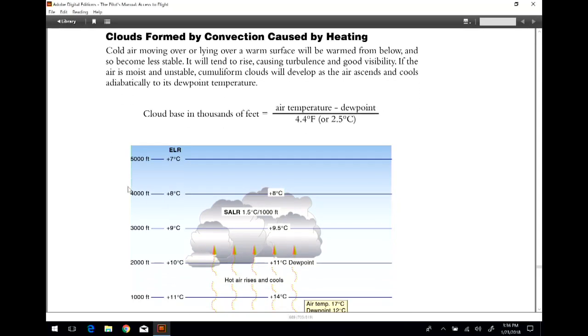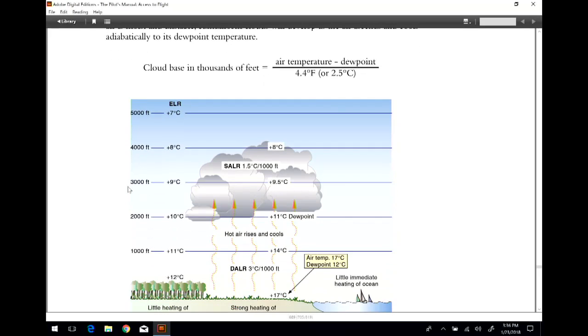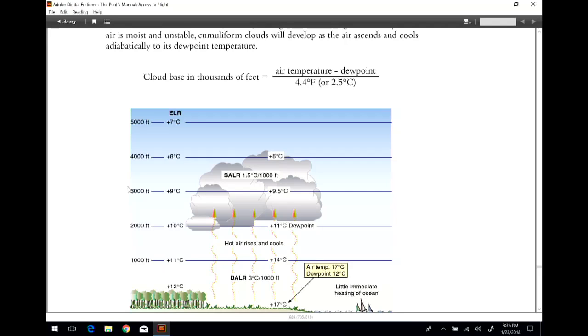So this is a way that you can run some calculations to determine what the cloud bases are if you know the temperature and the dew point. If you're trying to figure out the cloud base, normally with air temperature like this, they use 2.5 degrees Celsius or 4.4 degrees Fahrenheit as the lapse rate for every 1,000 feet.